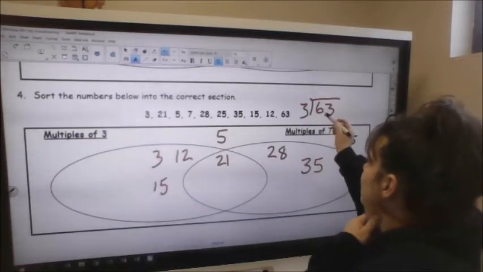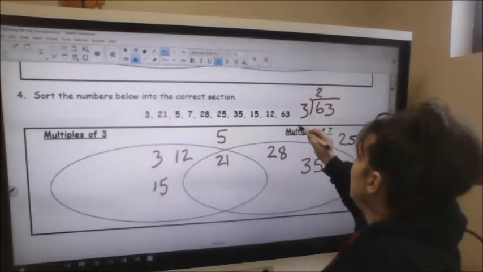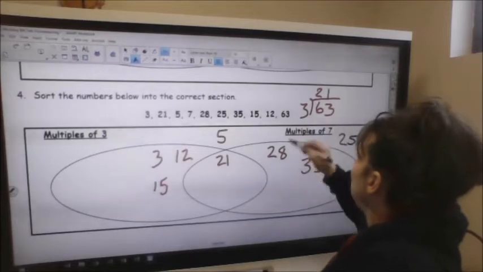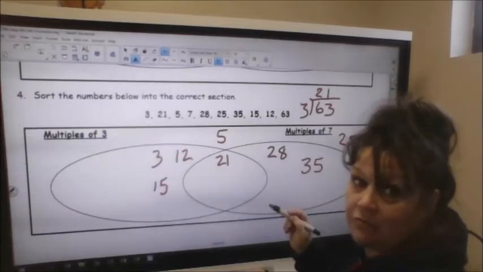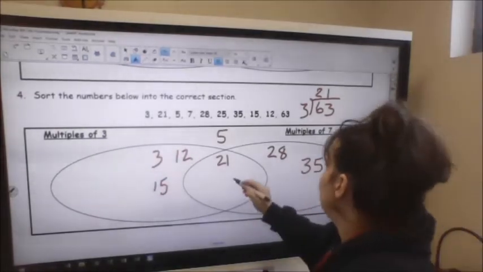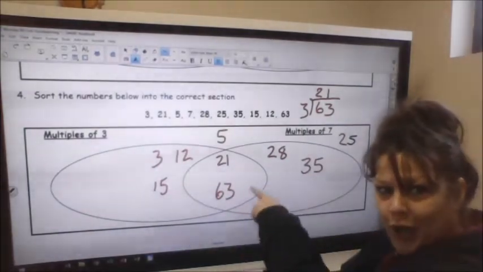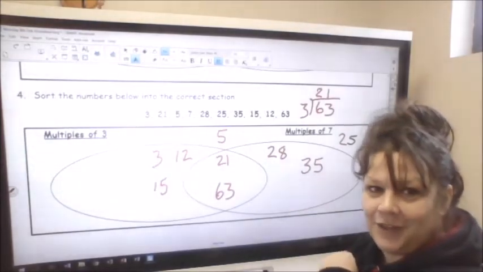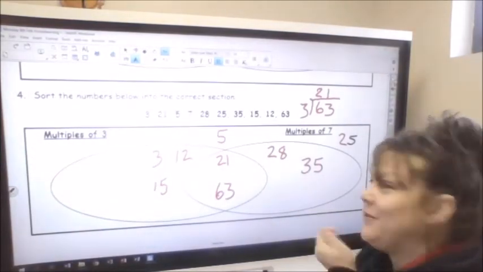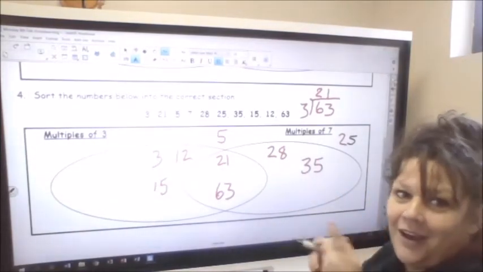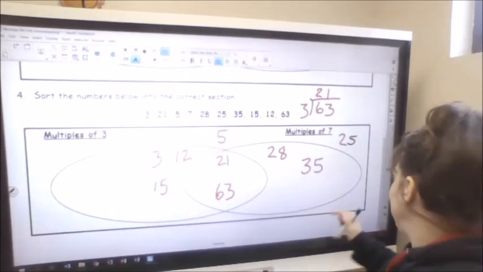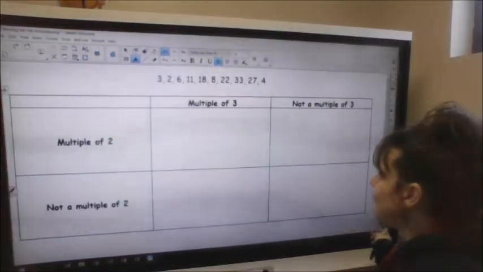So 3's into 6 goes twice. 3's into 3 goes once. So 21 times 3 is 63. So 63, tricky one to end, goes there in the middle. Did that one trick you? Did you put it over there? Hopefully not. So let's have a look then.